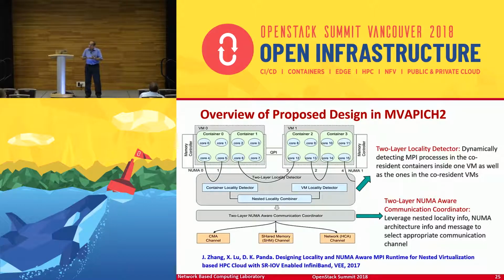As long as we get that information, we can coordinate from our MPI stack design whether to use the CMA channel, a shared memory channel, or a network channel, and intelligently select which one to use. So that is the 2-layer NUMA-aware communication coordinator. This design was presented at the VEE conference last year.